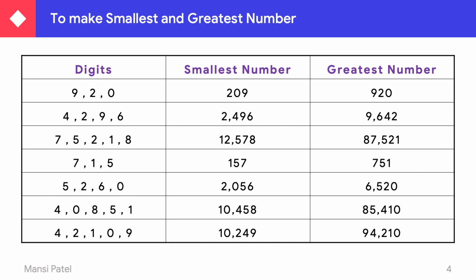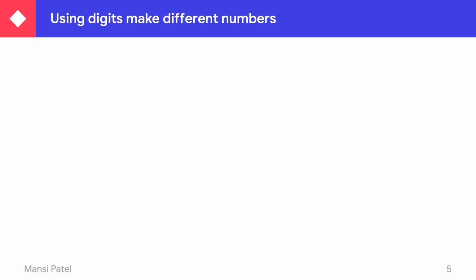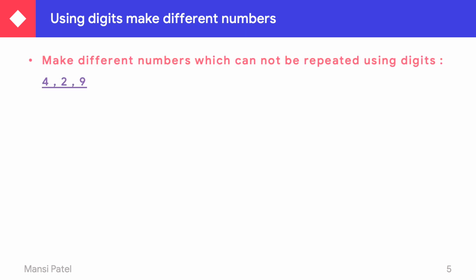Now these all are of the smallest number and the greatest number. But what about the other numbers? How to make the different numbers using the digits? Let us see. Make the different numbers which cannot be repeated using this digit.